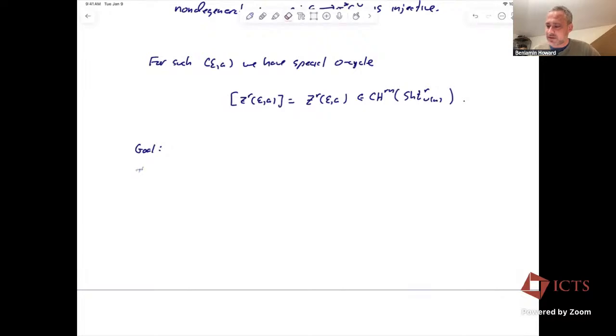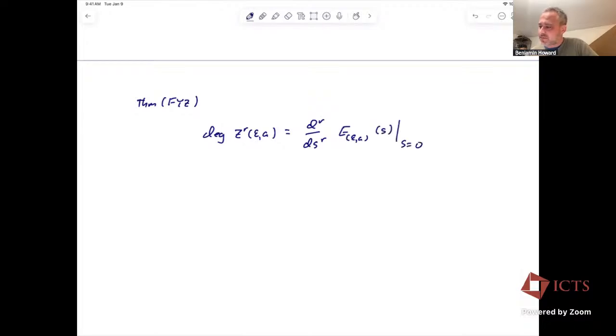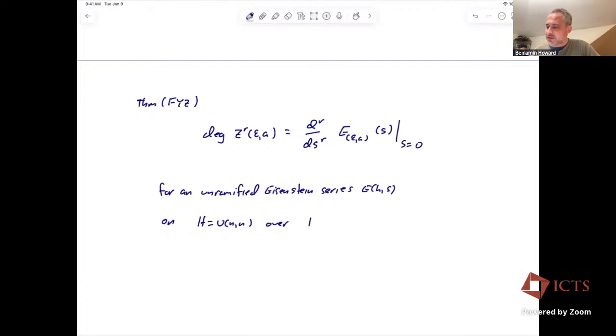The goal theorem of Feng-Yun and Zhang is that the degree of any one of these non-degenerate special 0 cycles is the rth derivative at s equals 0 of the E A Fourier coefficient of some Eisenstein series, for an unramified Eisenstein series E(h, s) on the quasi-split unitary group U(n,n) over the field of rational functions of the ground curve.